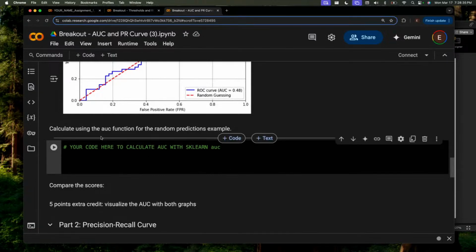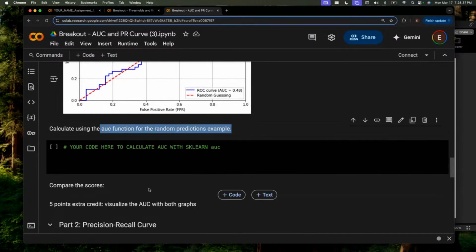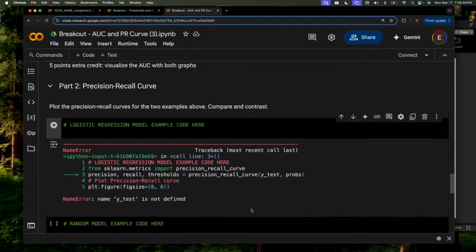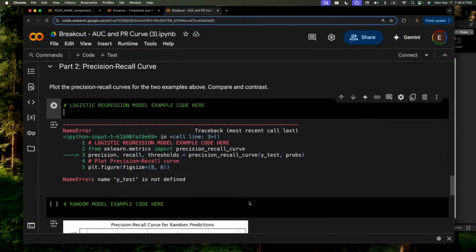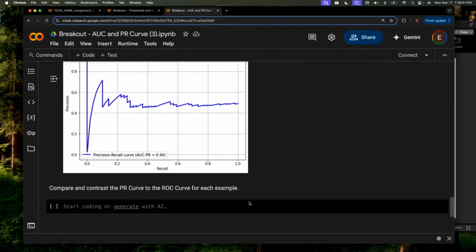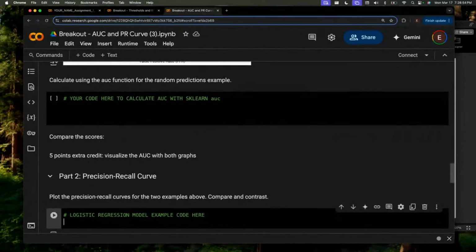Down here, I want you to calculate the AUC for the random predictions example. And then for the precision recall, try plotting a precision recall curve for the two examples above. This is maybe what it looks like or not. We'll just do 5 minutes, till 35 here.